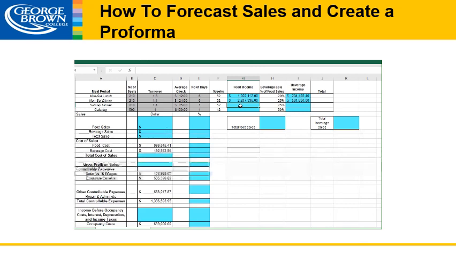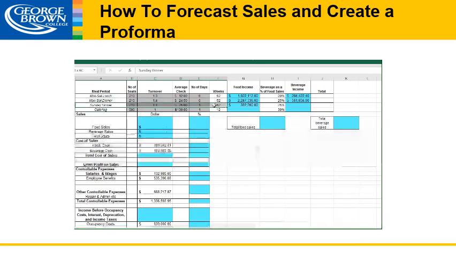Moving on down the worksheet, again, number of seats times the turnover times the average check times the number of days and then the number of weeks in the year will get our food income. Now the reason why the number of days is drastically lower than every other row that we've done so far is because we're talking about Sunday dinner only for this particular meal period.